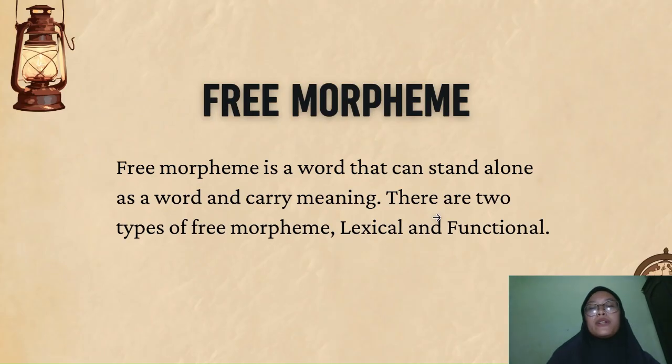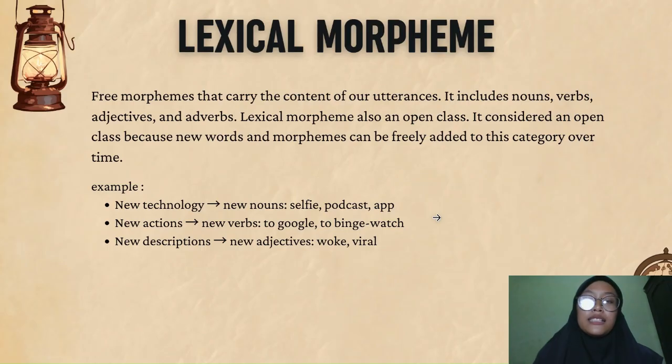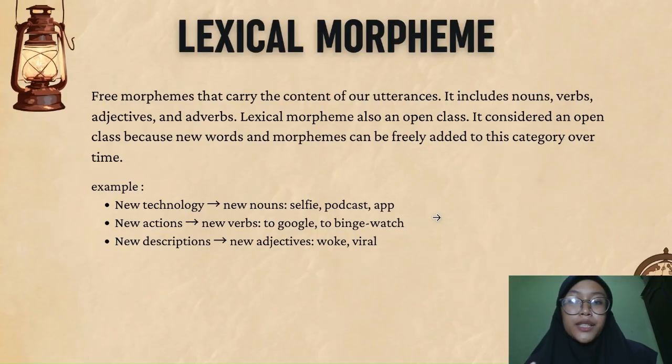Free morpheme. Free morpheme is a word that can stand alone as a word and carry meaning. There are two types of free morpheme, lexical and functional. Lexical morphemes are free morphemes that carry the content of our utterance. It includes nouns, verbs, adjectives, and adverbs.